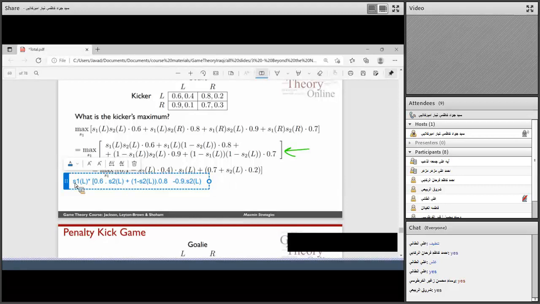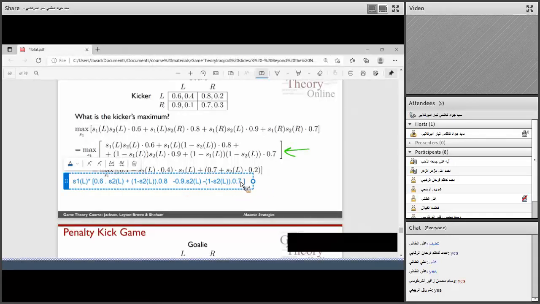There is minus 1 minus S2 of L times 0.7. That's all that gets multiplied by S1 of L.